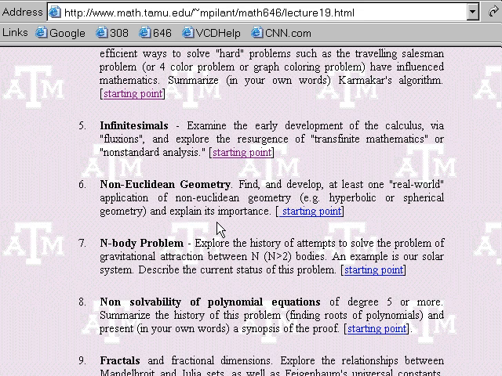So there's a lot of applications you can find, but you're supposed to, in your own words, give the explanation of the history, the importance, the techniques, etc. So there's an application launching point here for number 6.